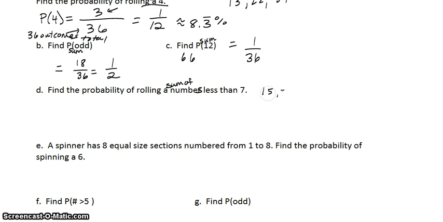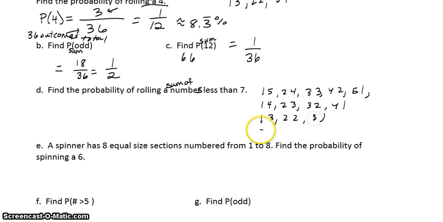Anything that's 1, 5, 2, 4, 3, 3, 4, 2, 5, 1, and below all are going to work. And when you count those all up, there's actually 15 of them. So 15 out of 36 is my probability for that.